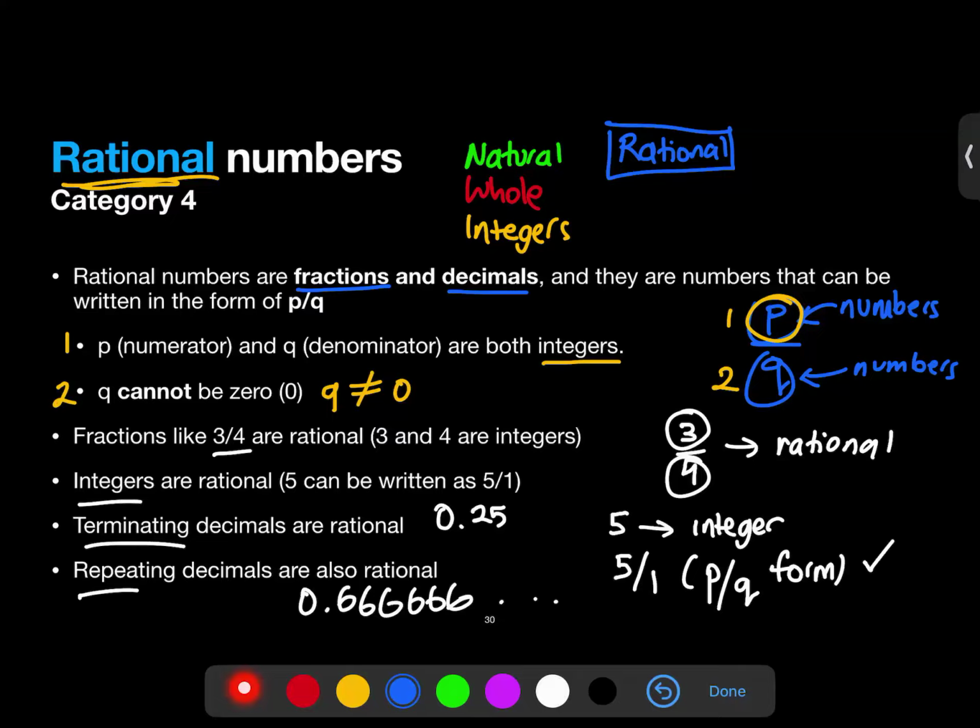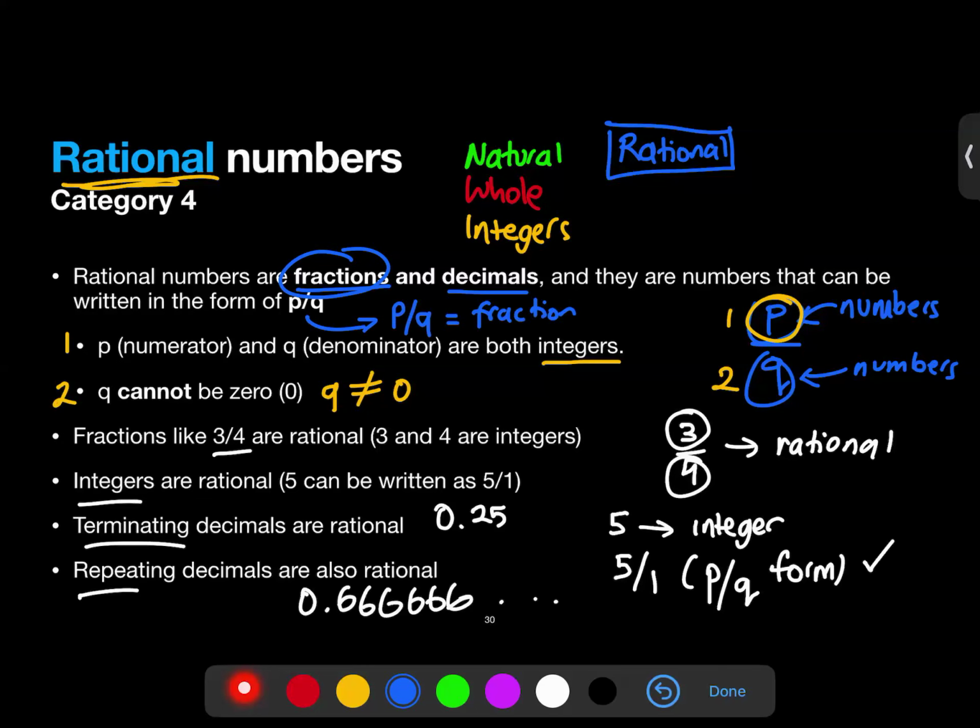Sure. Okay. So you all are familiar with fractions. You've at least heard of fractions. So rational numbers are a type of numbers that can be written as a fraction. See, this form here, P over Q, is a fraction.